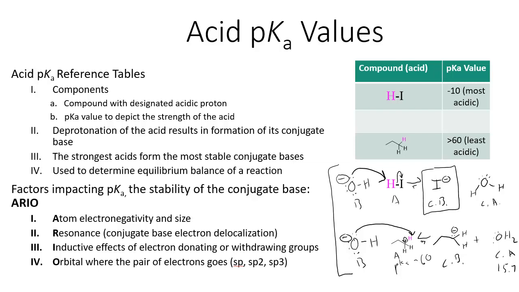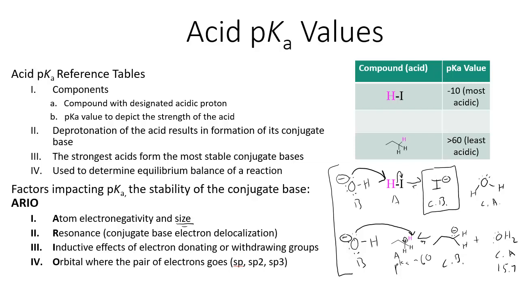So that's basically the reason why these are listed in this order, and I have them specifically numbered as 1, 2, 3, 4. So atom electronegativity and size, specifically when talking about iodine, size is the important factor, plays a role in how stable that conjugate base is or how acidic that original acid is.